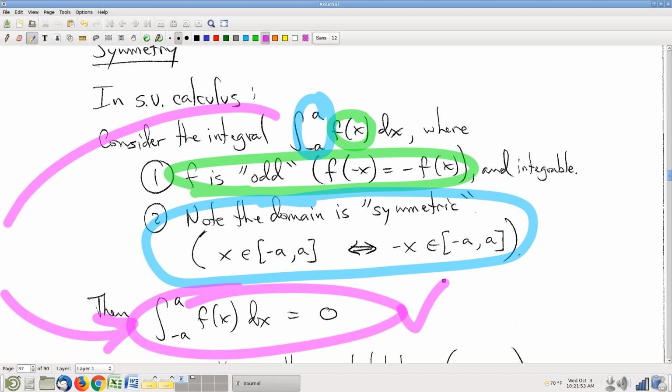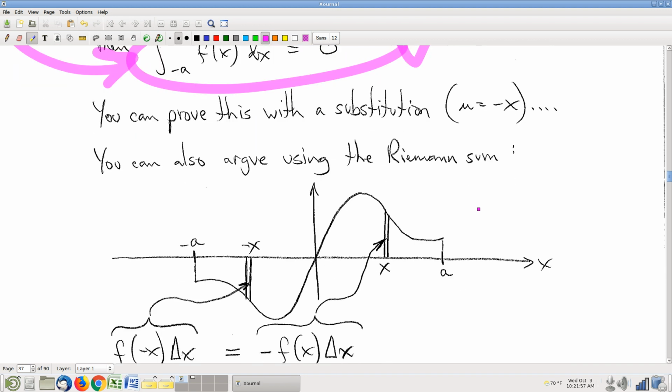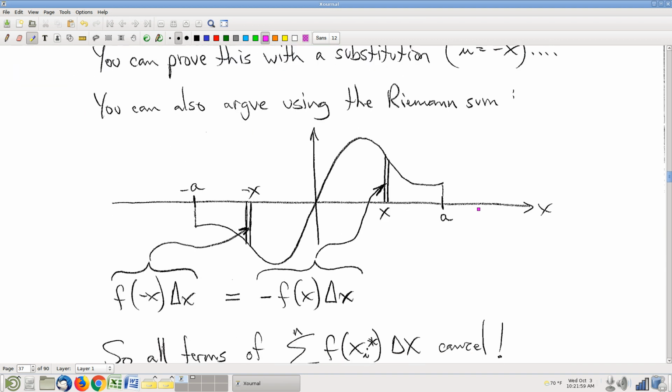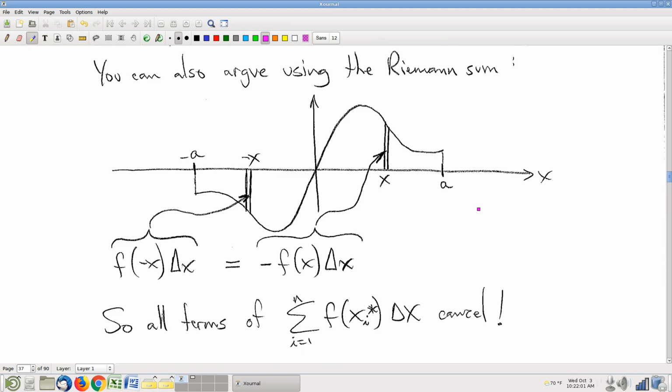Okay, so the big observation I'm making in this few pages of notes is that you can do the same sort of thing with a double integral. And so, reminder: this is why the single variable result works, because when you look at the Riemann sum and you look at the terms inside of the Riemann sum, this term here and this term here that we're, for geometric convenience, interpreting as areas, right?